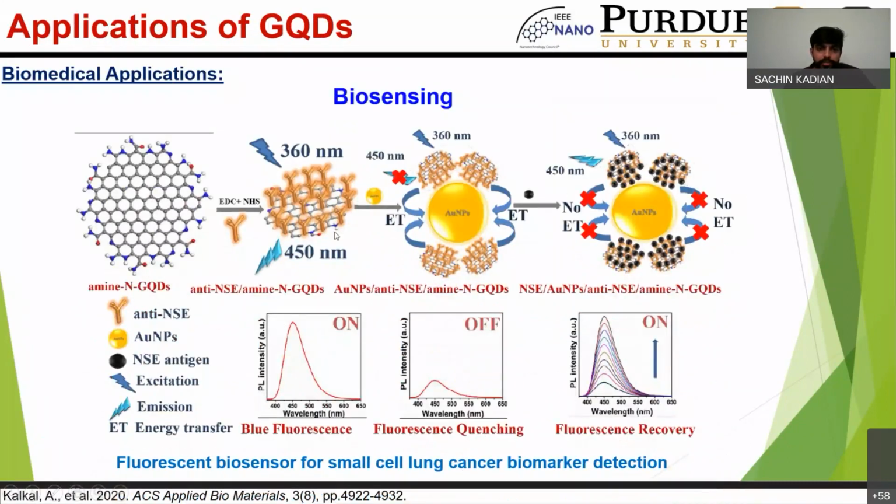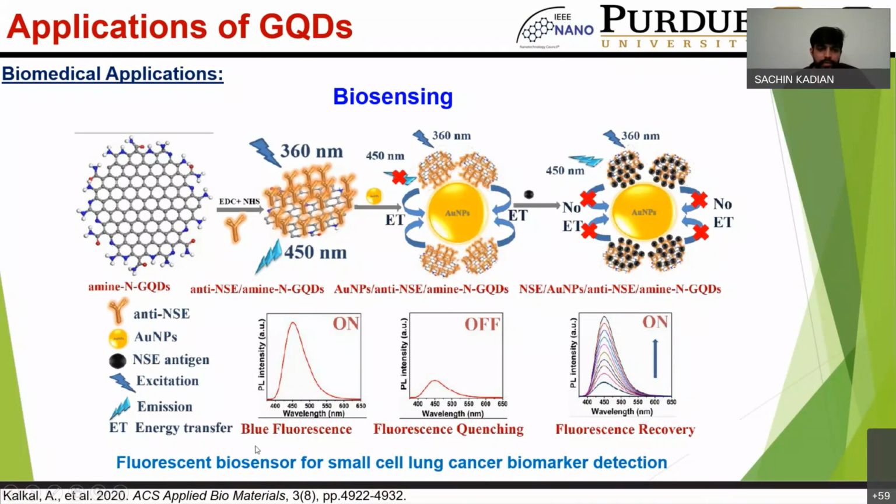This is our collaborative work, which was performed by Kalkal et al., and this work was also highlighted in Nature India. If you look, they have used amine functionalized nitrogen doped GQDs, and this blue color is showing nitrogen, and this one is oxygen and hydrogen and carbon.